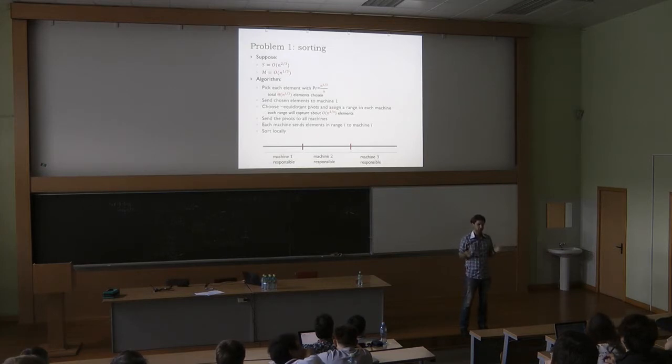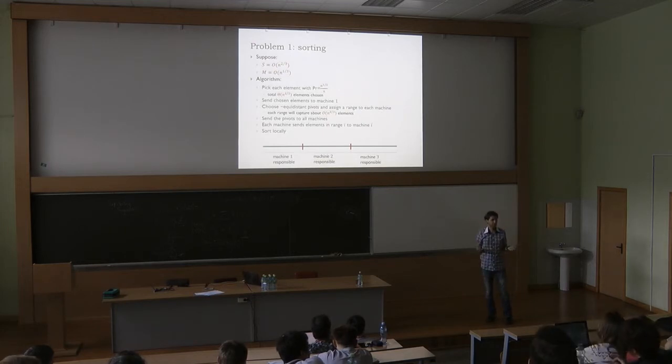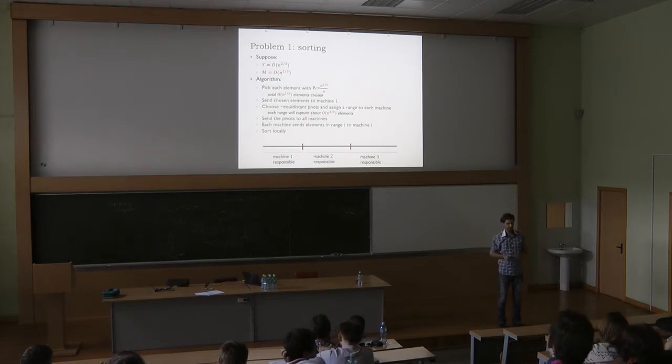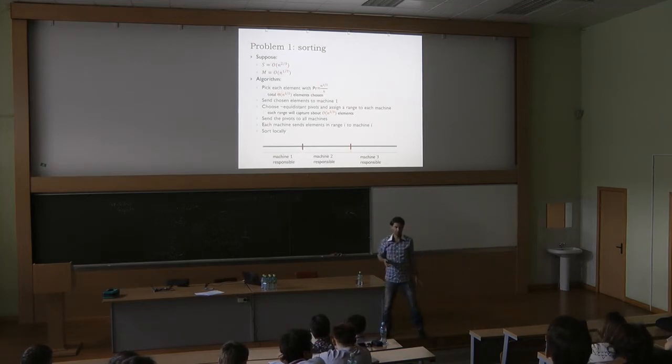There would be one person responsible for sorting the spades, somebody responsible for sorting the diamonds, and so forth. So these pivots are essentially the equivalent of deciding how we partition these suits.